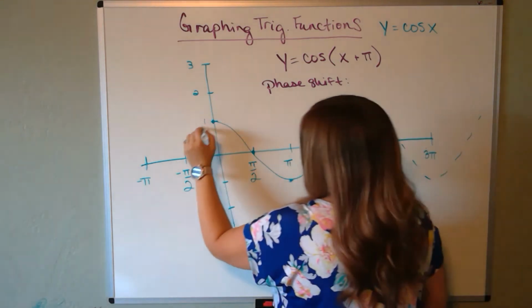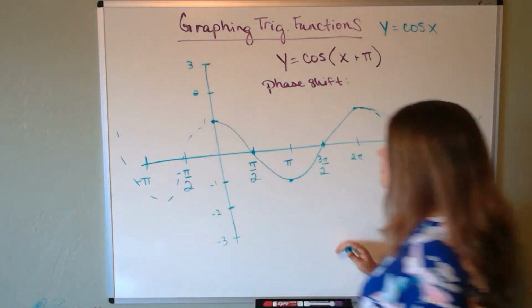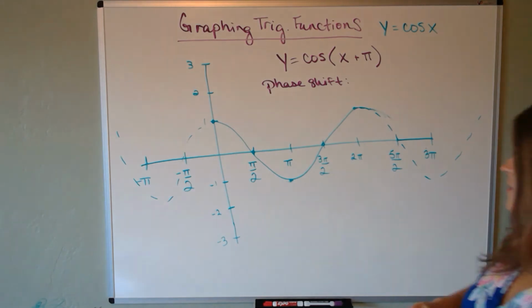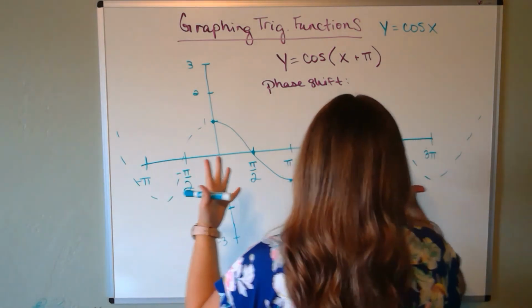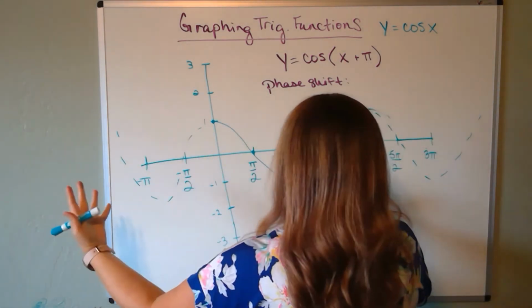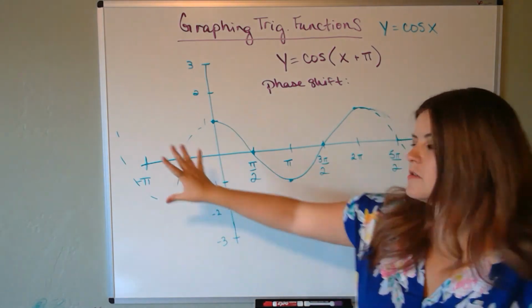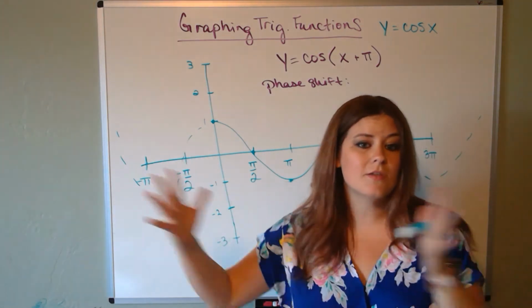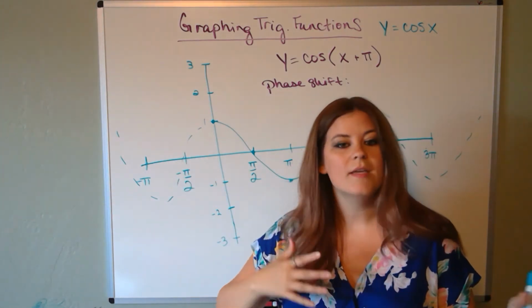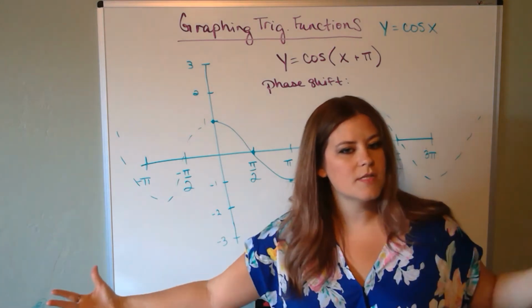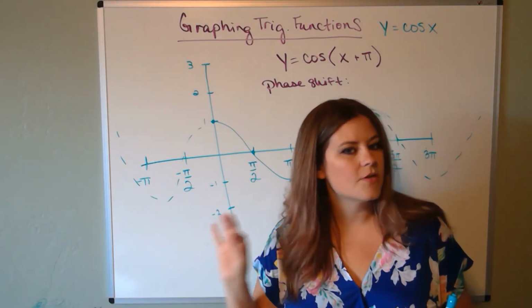And it would be over here, something like that. So to think about picking this up and moving it left or right is kind of hard to think about because it goes on in both directions. So you can move it to the left, to the right, all you want. It's not going to change where it starts and ends because it really doesn't start and end.